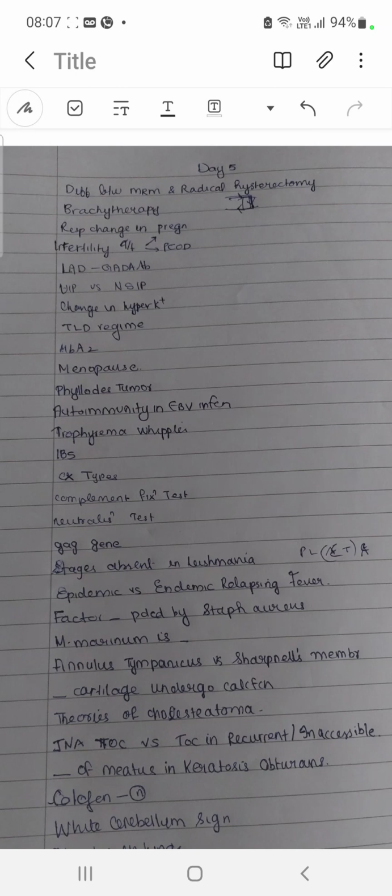Then brachytherapy, you have to remember the dose and the distance you are keeping. It is kept in the uterine cavity, and the value is 2, 5. So 2 plus 2, 5. Then how much? That is the distance. 2 lateral, 5. 2 is to the lateral and up. 5 is to the lateral, to that point A. And how much dose?